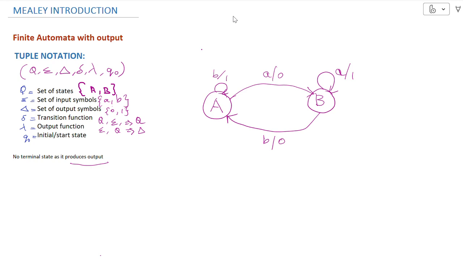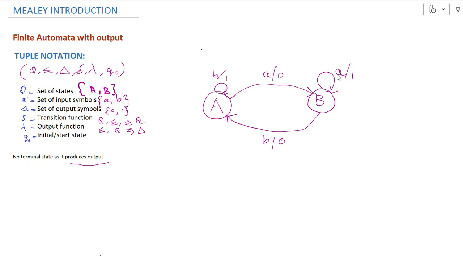Now you can see the sample Mealy machine. Here A is the state which on receiving an input b is producing an output 1, and A on receiving an input small a is producing an output 0, and B on receiving an input small b is producing an output 0.